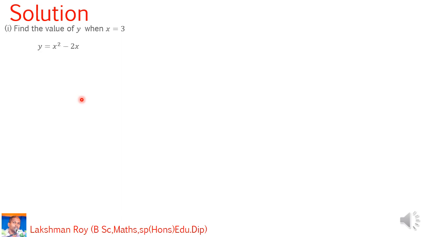This is the quadratic function they have given, y equals x squared minus 2x. Now I'm going to substitute x as 3.